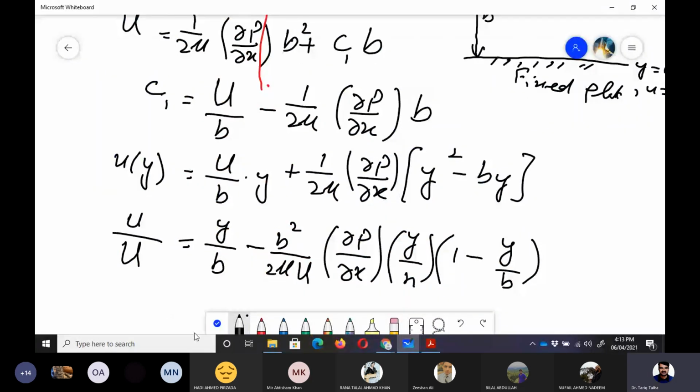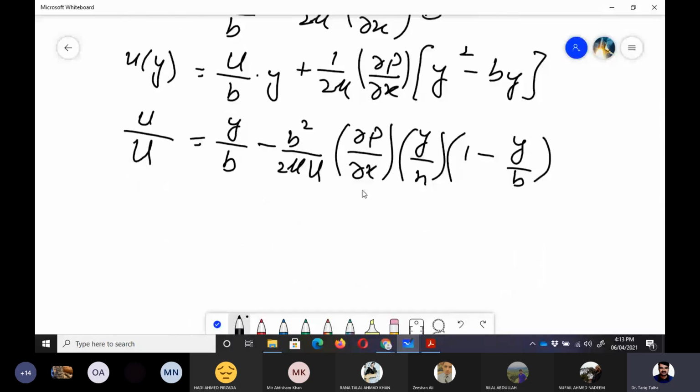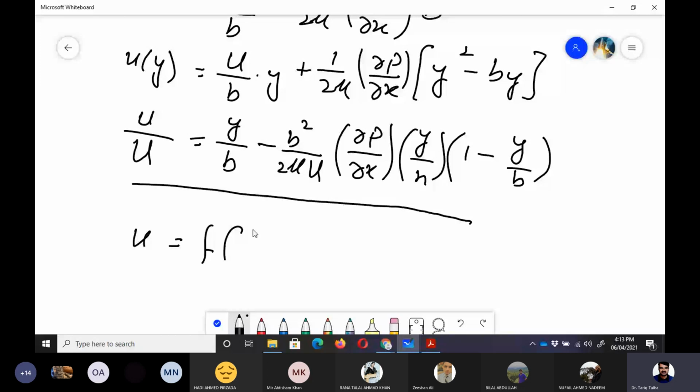Now, the second thing: let's suppose that we need to calculate the u value, and it is a function of x, y, z, then pressure gradient, then viscosity, then rho, then whatever other values. First of all, we write the functional form.